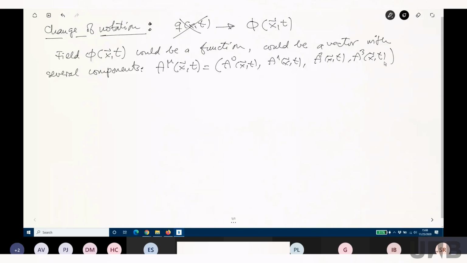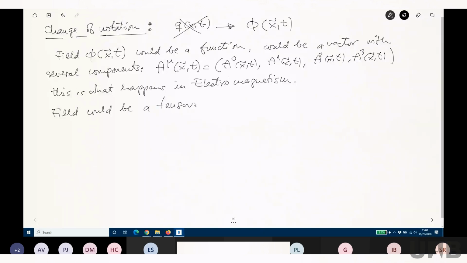And that's actually what happens in electromagnetism. Or the field could be a tensor, which means an object that has not just one index, but more than one index, like, for instance, 2 indices.